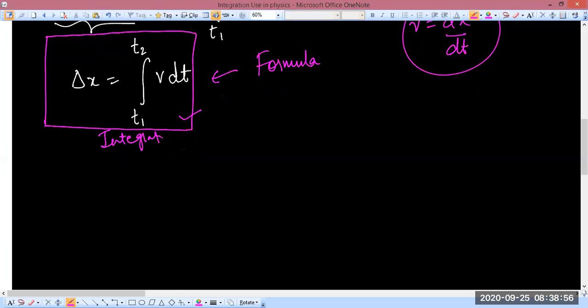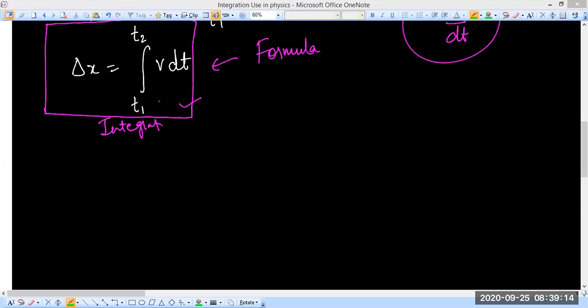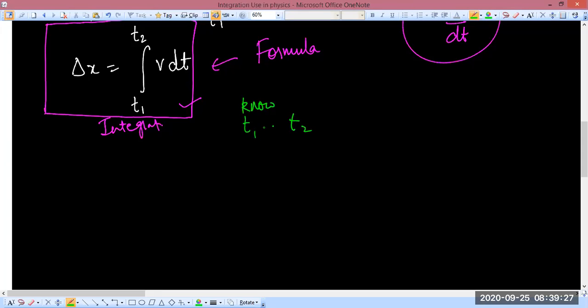Along with this, to do this integration process and get the final answer, of course you need to know, or it would be given in the question, what t1 and t2 are.